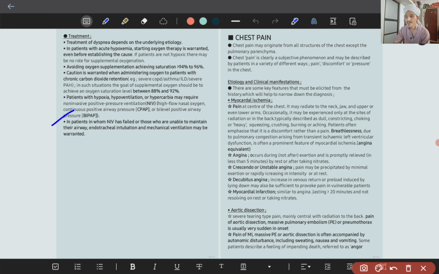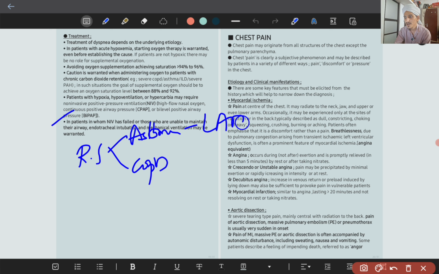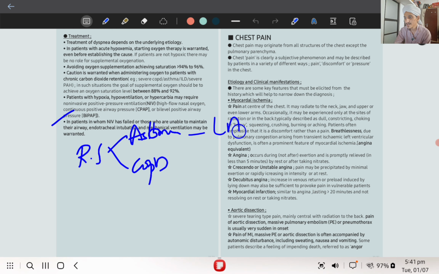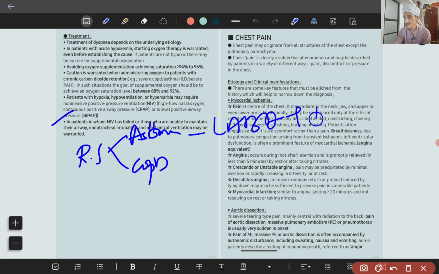The time is already 50 minutes. I can't discuss this briefly. I will say that in the respiratory system, mainly two diseases we treat: asthma and COPD. So the basic treatment of asthma is LABA plus inhaled corticosteroids, and COPD is monotherapy.